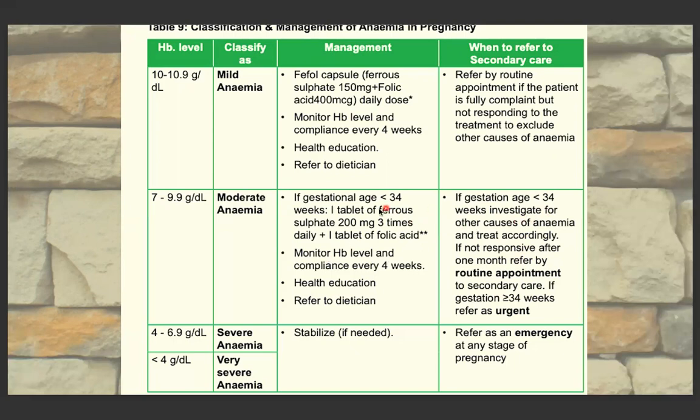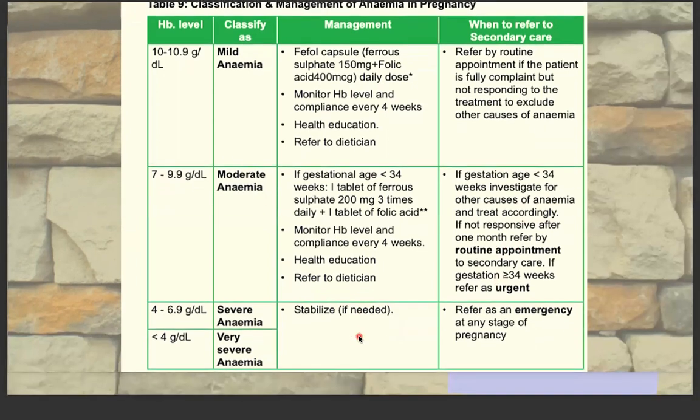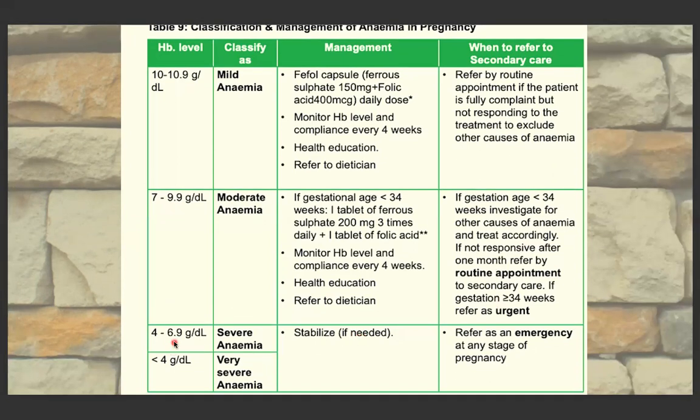So if the gestational age is more than 34 weeks, we prefer to give IV iron here because it can manage anemia quickly at this gestational age. But if the patient has severe anemia, less than 7, of course here you must refer as an emergency because they need blood transfusion.